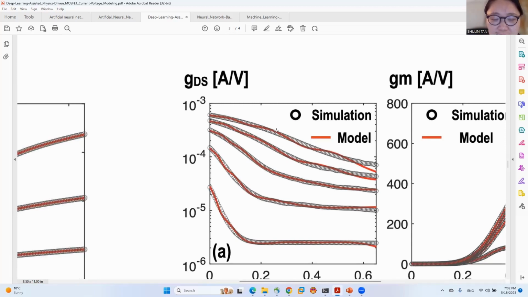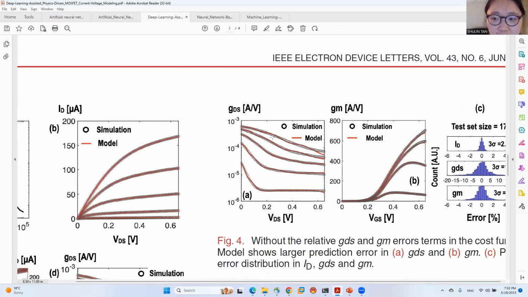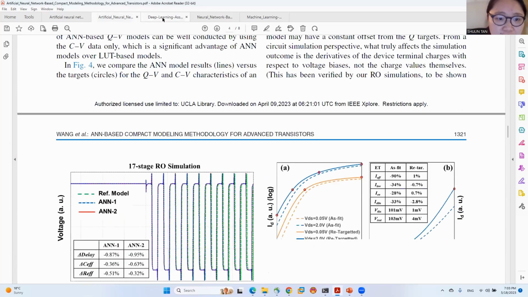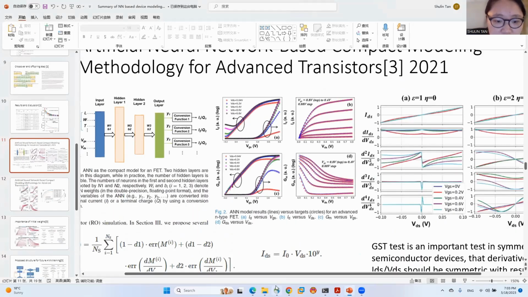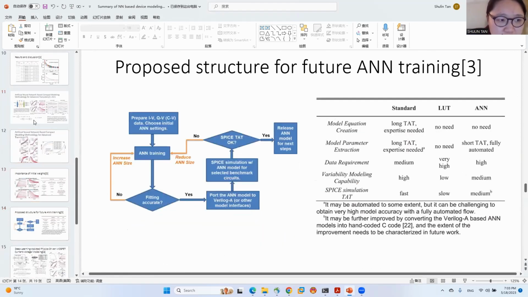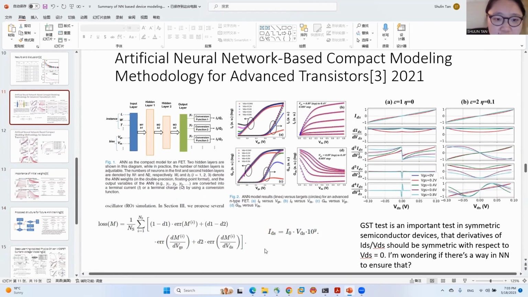First, this doesn't make physical sense, and second, this deviation is going to cause a big problem when you are dealing with your device. That is what these two articles are trying to solve. They actually do something on the loss function.